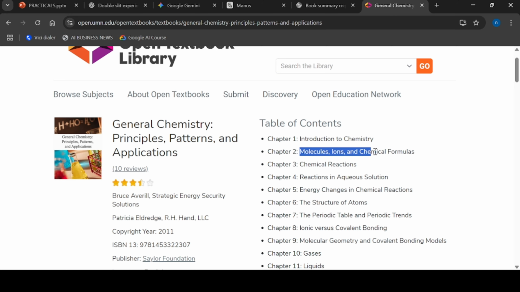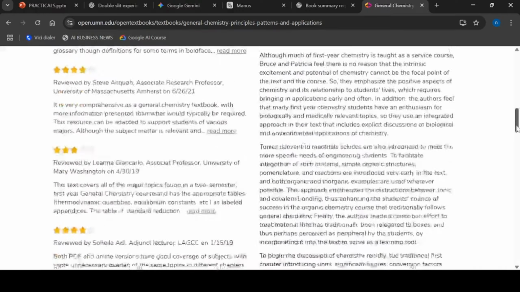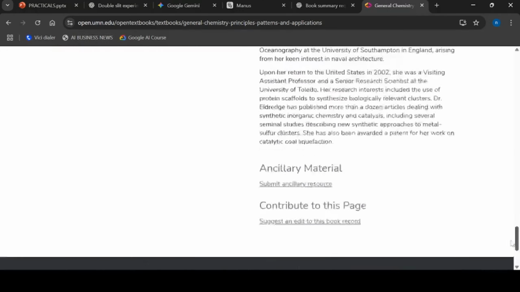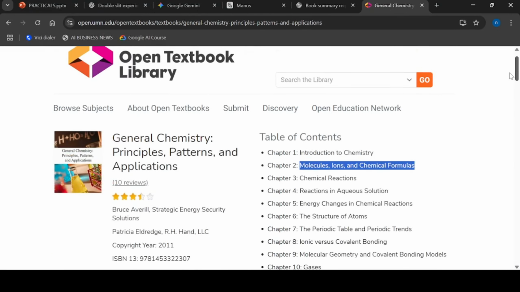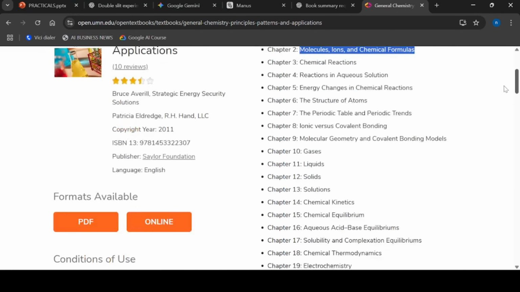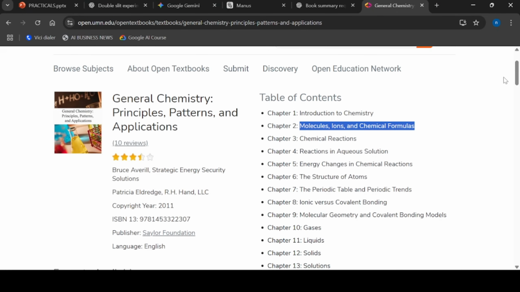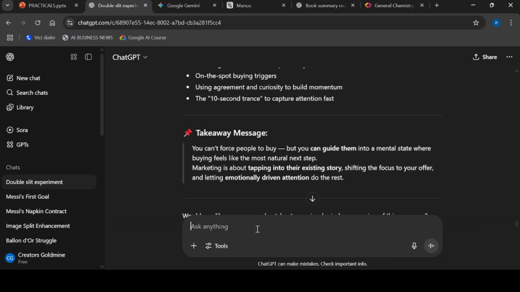You can just come here. You don't even need to open the book. I just want to show you something special. You come to your AI tool, ChatGPT, or whatever you wish to use.